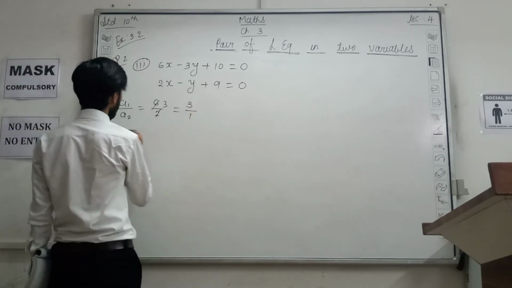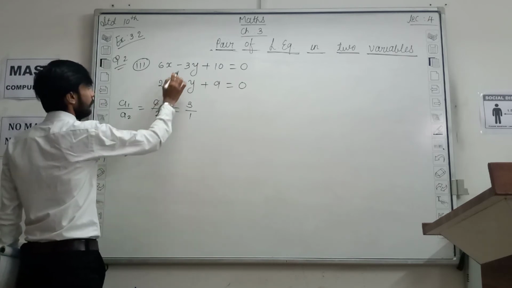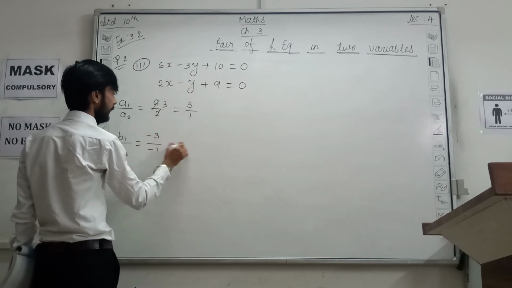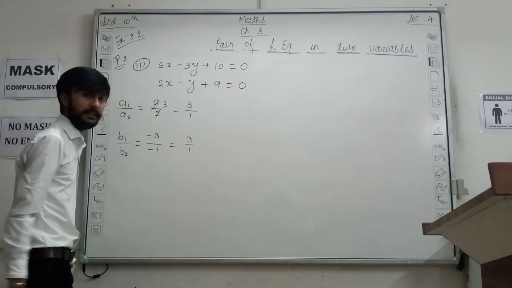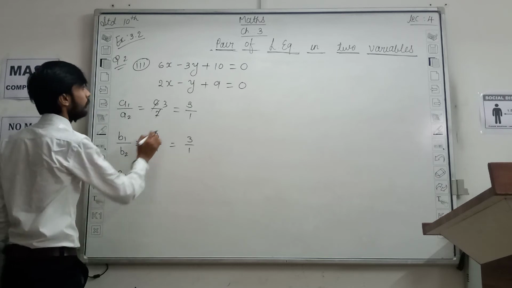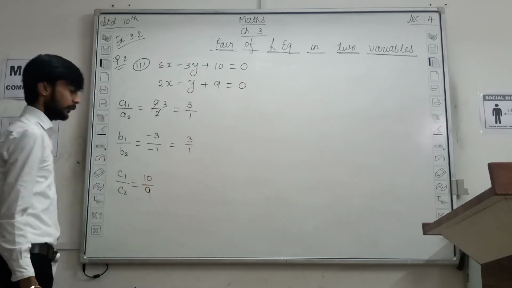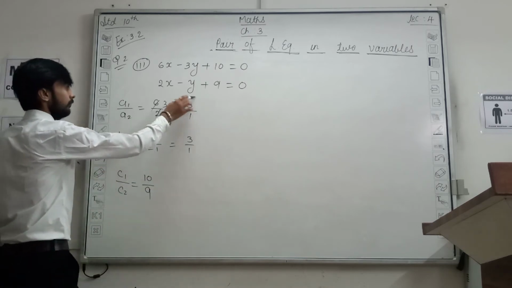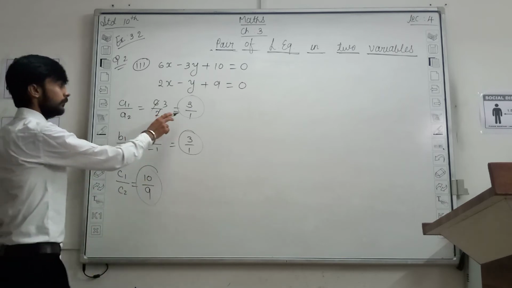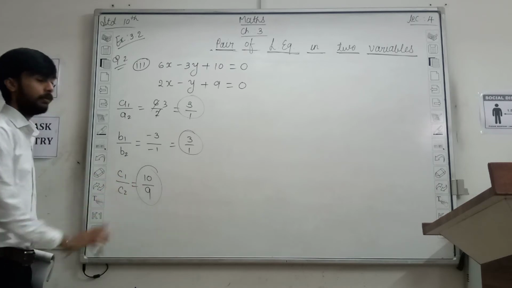Now b1 upon b2: minus 3 upon minus 1. Again it's 3 by 1, minus minus plus. And c1 upon c2 is 10 upon 9. See, a1 upon a2 is 3 by 1, b1 upon b2 is 3 by 1, but c1 upon c2 is not 3 by 1.